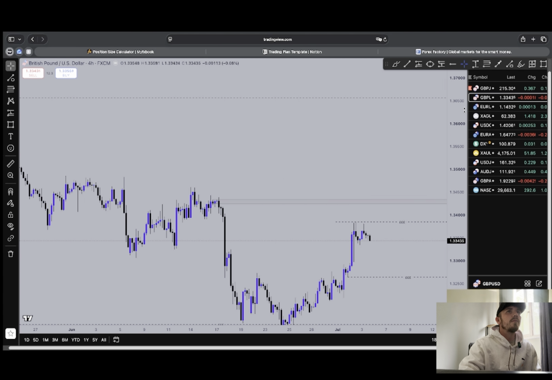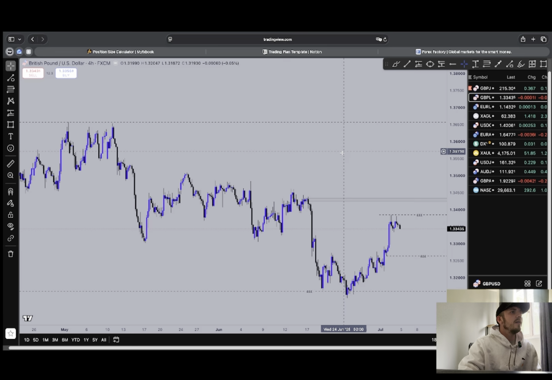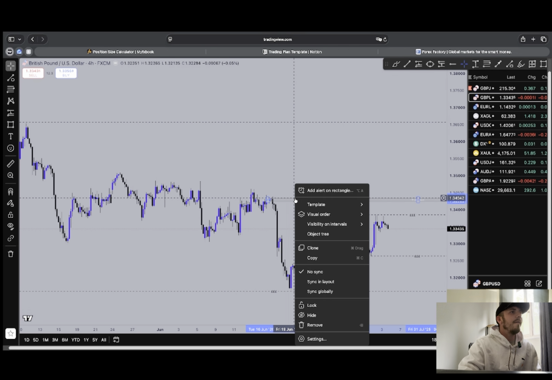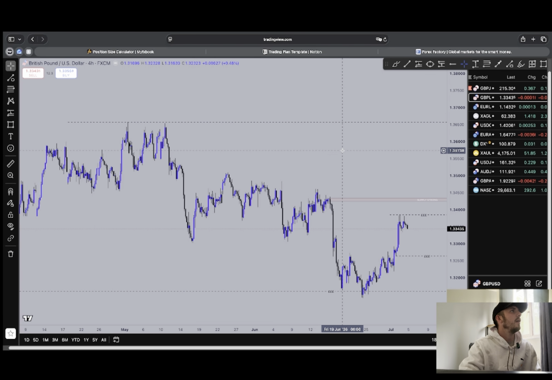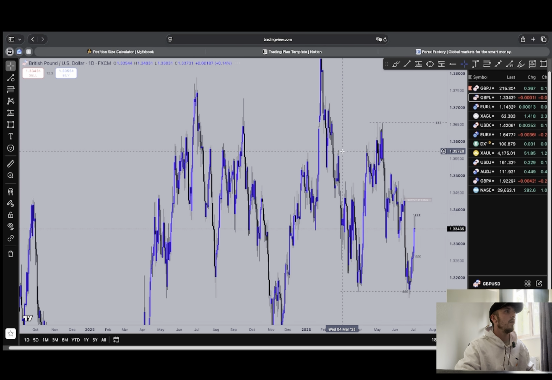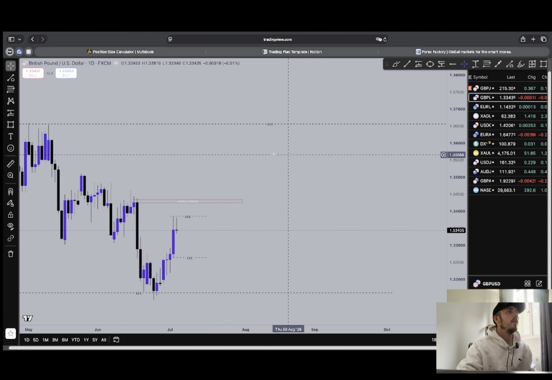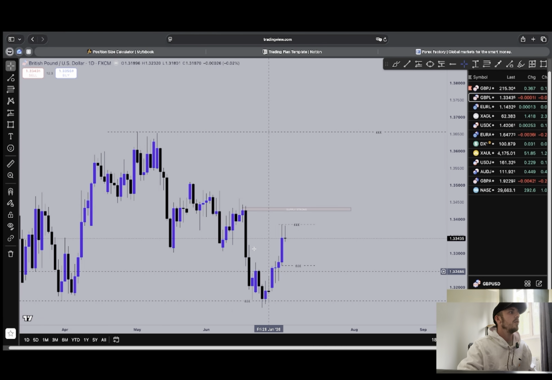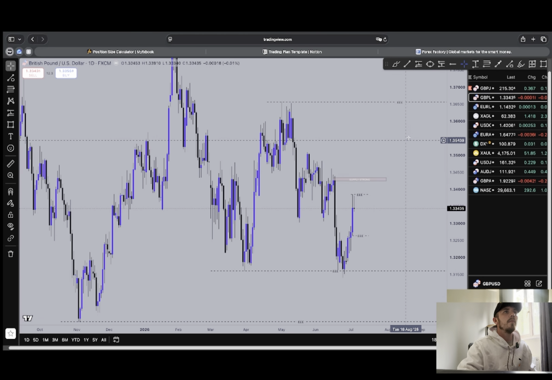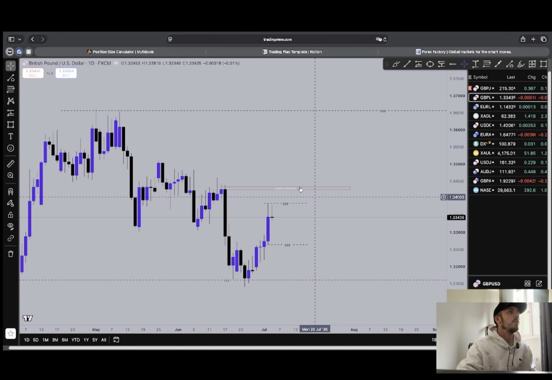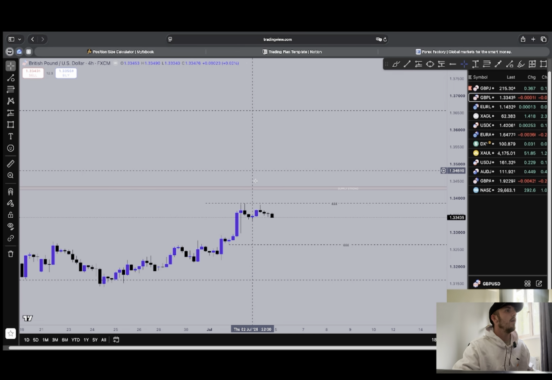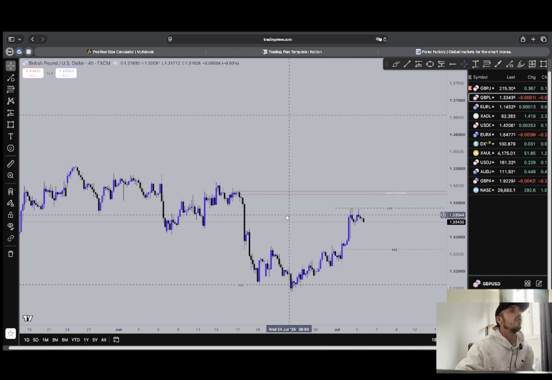So that's a supply zone that created an order block. So strong supply. And as you remember, bearish in the daily. So this supply zone is going to be a key point of this next trade.